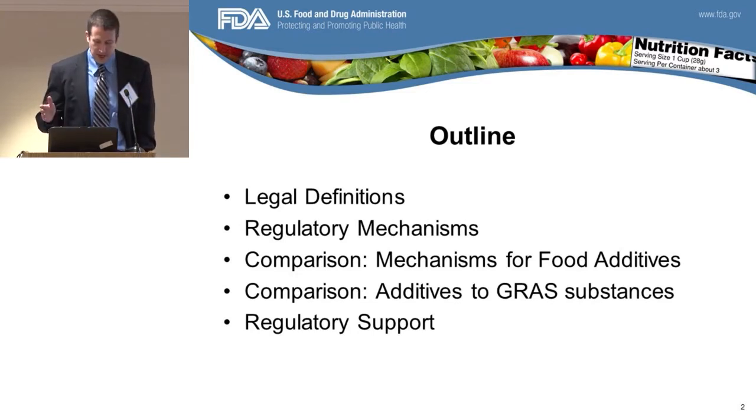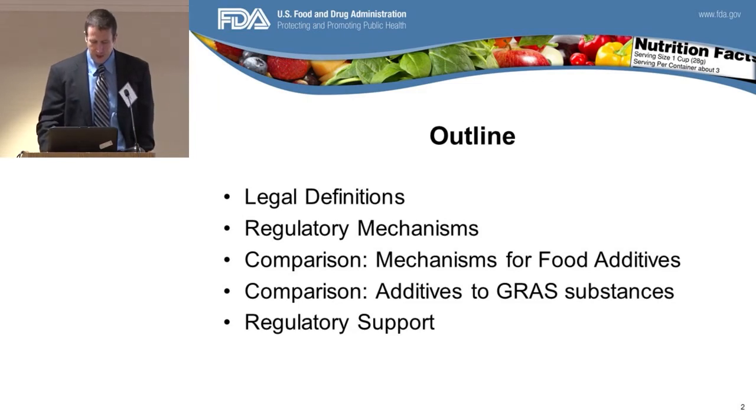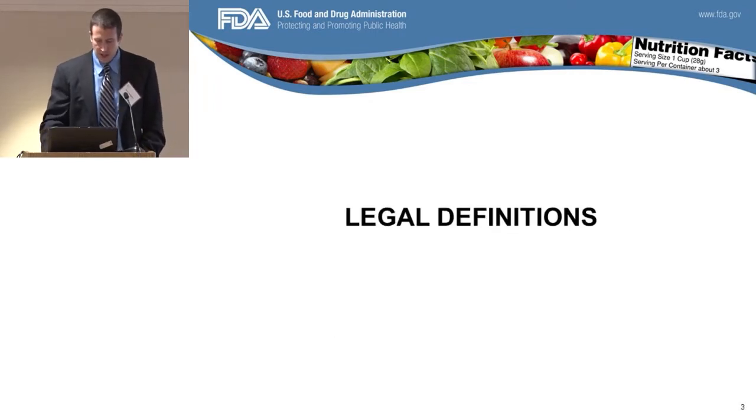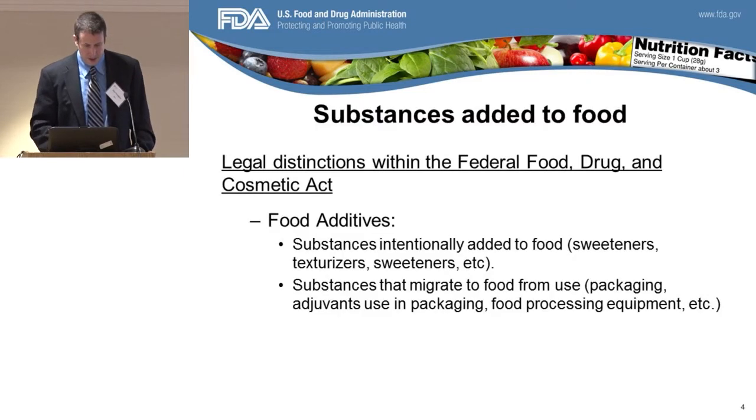And I'll go over the different types of regulatory mechanisms, and we'll do comparisons for mechanisms for what FDA terms to be food additives, and then a comparison of those mechanisms to substances that FDA considers to be generally recognized as safe. And then very, very briefly talk about regulatory support that FDA offers to people interested in submitting information to the agency. So if we first talk about legal definitions.